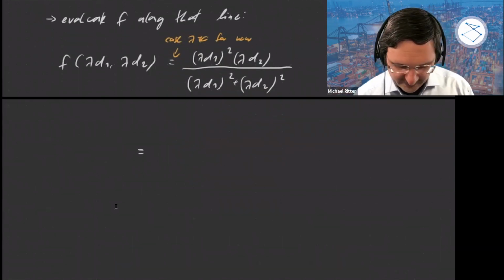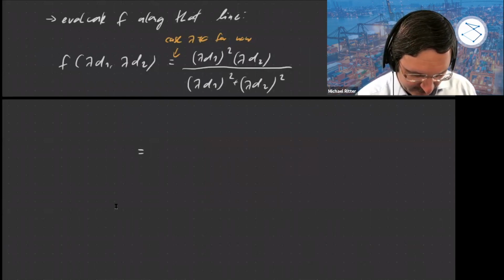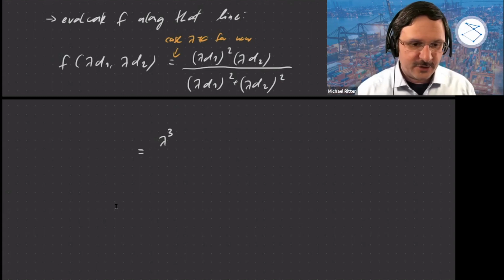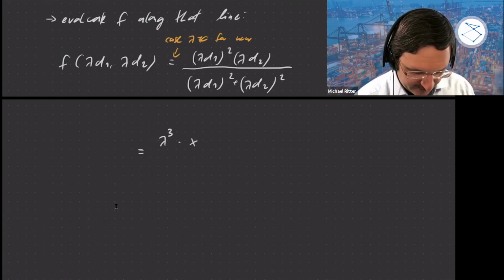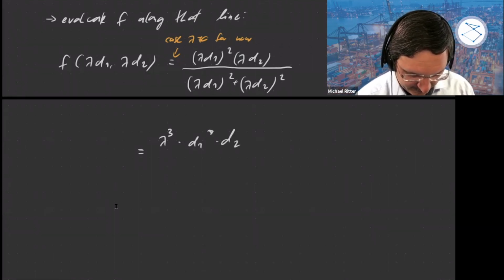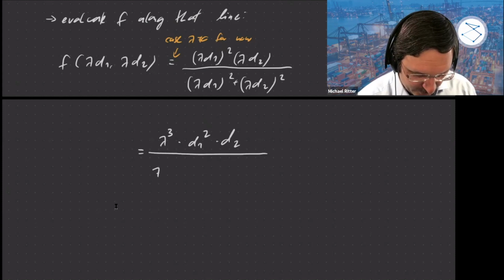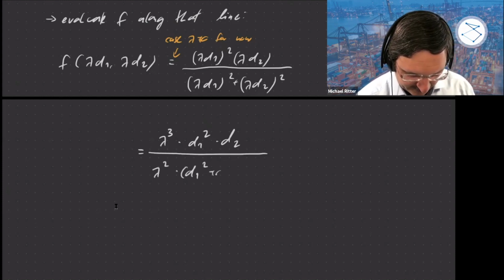And that means we have lambda squared times lambda, that's lambda to the power of 3 in the numerator, times d1 squared times d2. And in the denominator, we get lambda squared times d1 squared plus d2 squared.